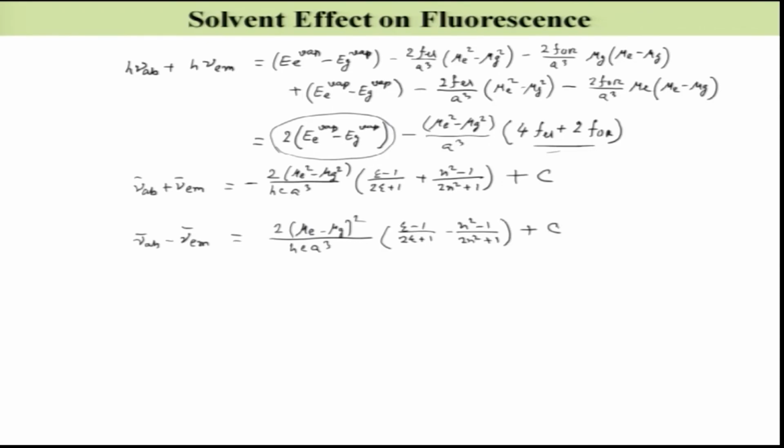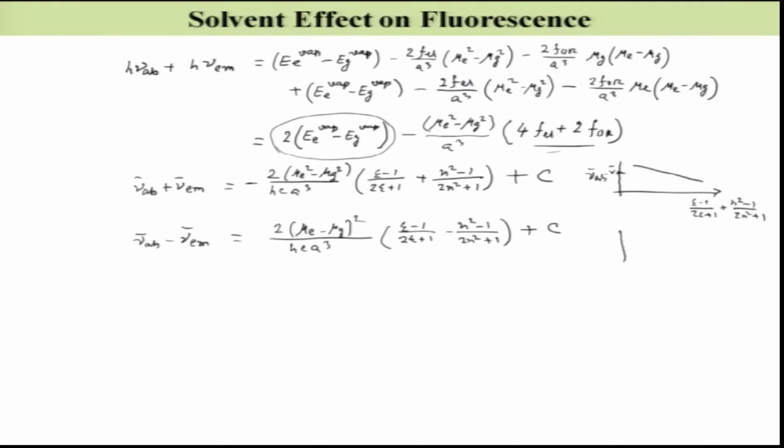Now, if I plot nu bar absorption minus nu bar emission versus epsilon minus 1 by twice epsilon plus 1 plus n square minus 1 by twice n square plus 1, I will get a straight line with a negative slope.